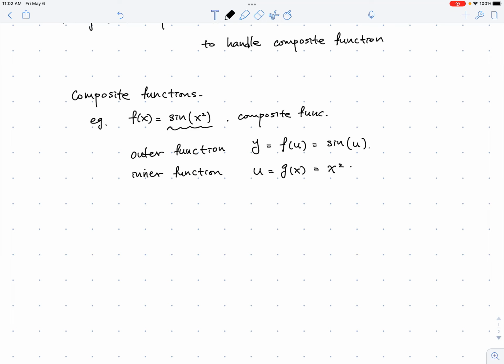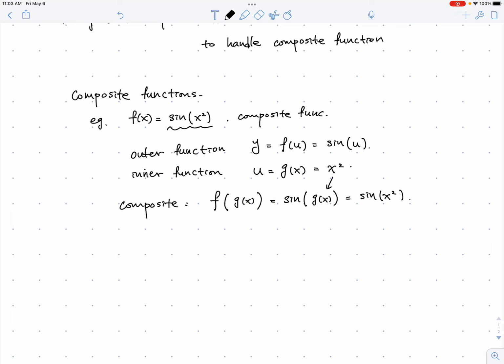This is a squared function. Now when I take the composite, I look at f of g of x. So I just plug the g of x into the u, and then plug the x squared into the g of x. So I end up having sine of x squared.